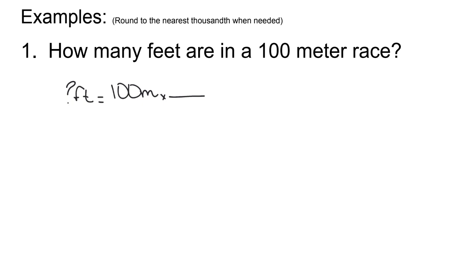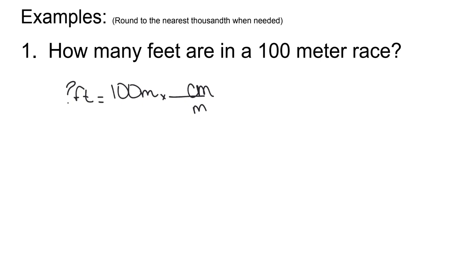The way we do that is the bridge of 1 inch is about 2.54 centimeters. If we're in meters, we've got to get to the bridge. The bridge is inch and centimeter. So from meters, I'm really needing to get to centimeters because that's the bridge that we need to get from US to metric and metric to US.